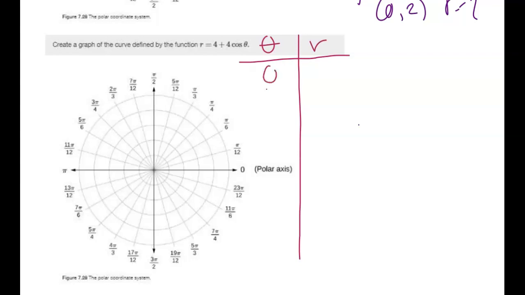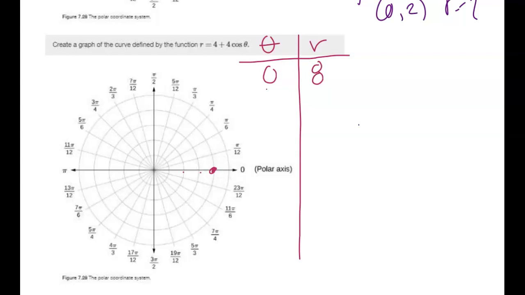So if I plug in 0, the cosine of 0 is 1. So I'm going to end up having 4 plus 4, which is 8. So at 0, 1, 2, 3, 4. Let's say they are worth 2 then. Okay, so it only goes out to 5. So each one of those is worth 2.